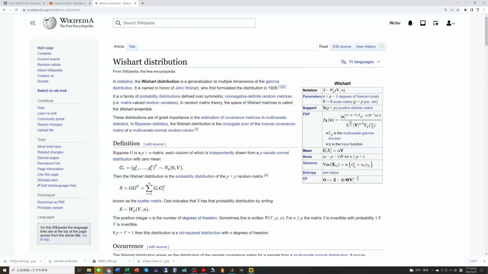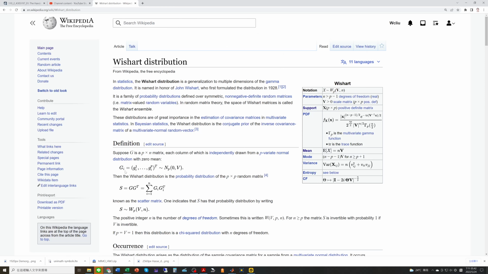Okay, good. So definition: suppose G is a p by n matrix, each column of which is independently drawn from a p-variate normal distribution with zero mean.